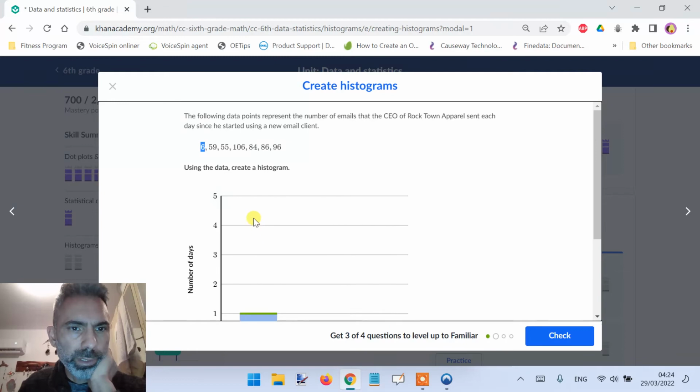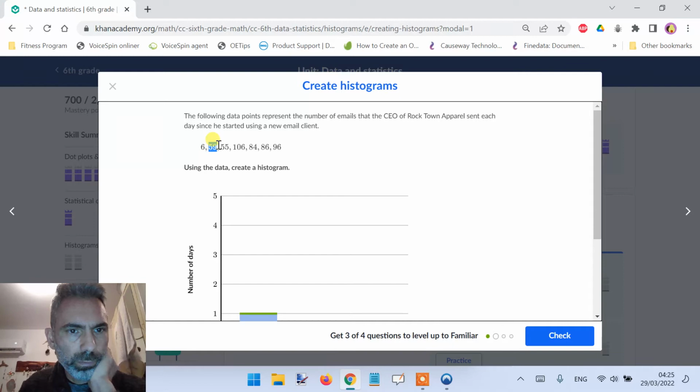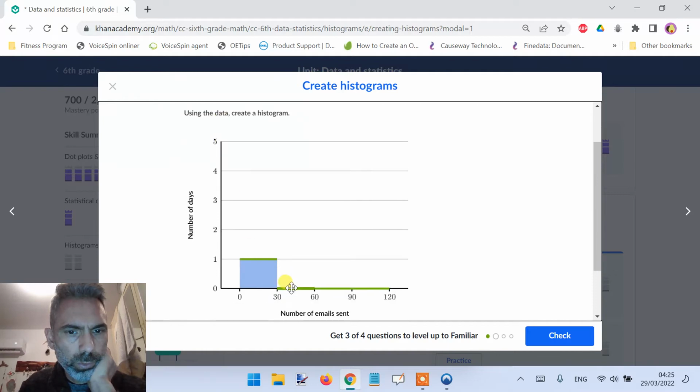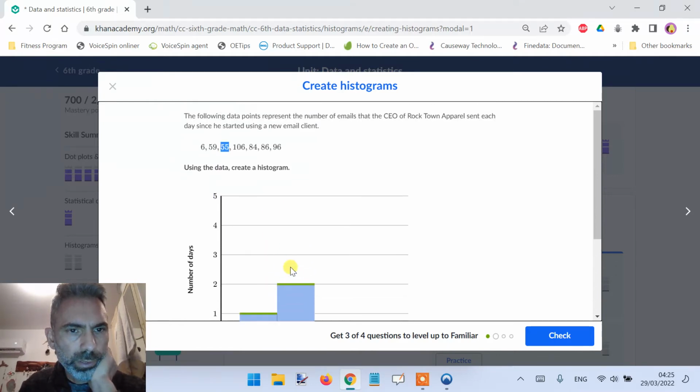Between 30 and 60, okay, so we have 59 and we have 55. So 2 days he sent between 30 and 60.